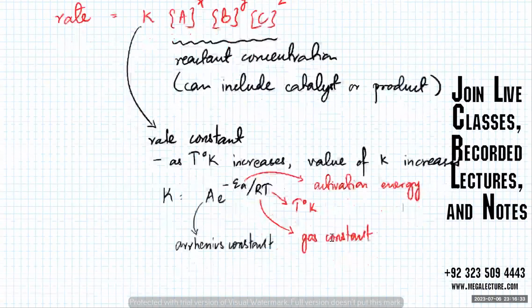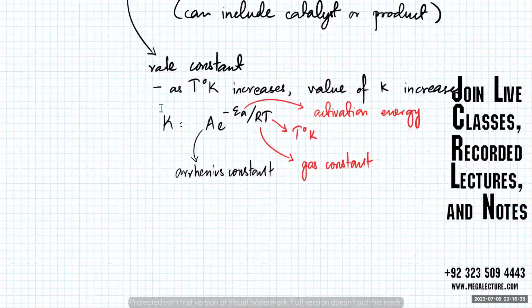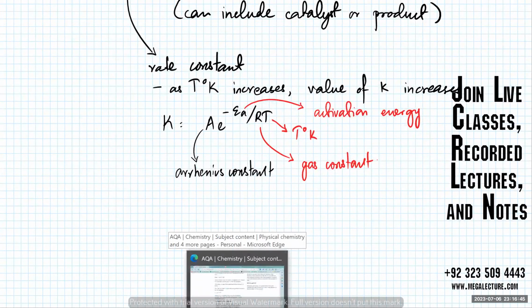Now, what is done is that they take the natural log of this thing. Do you know what natural log is? You've studied log. You know what log is? Yes.